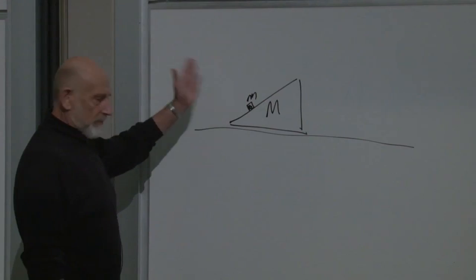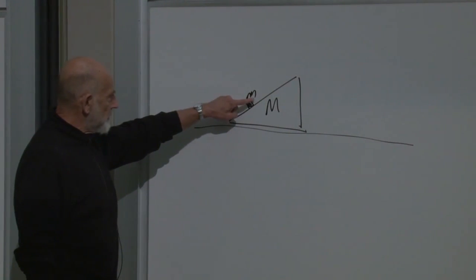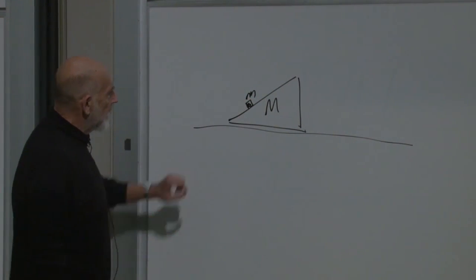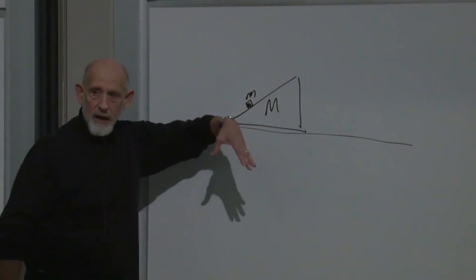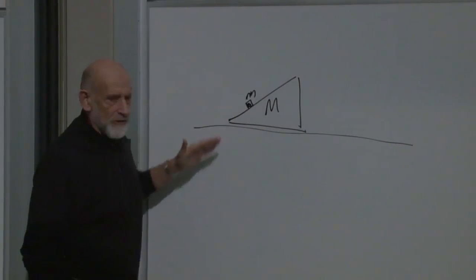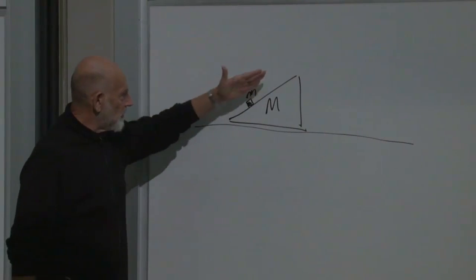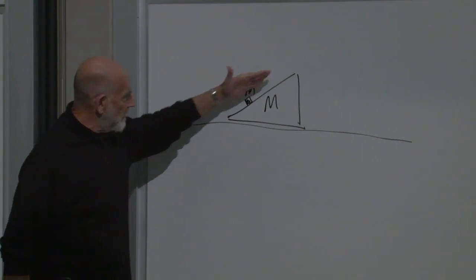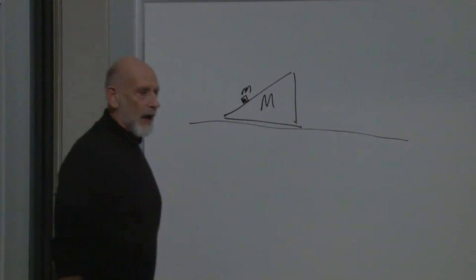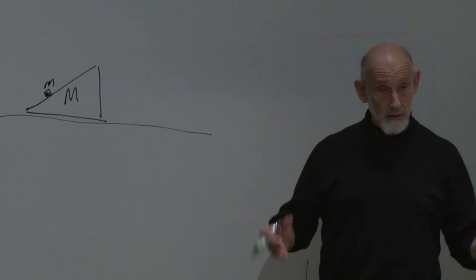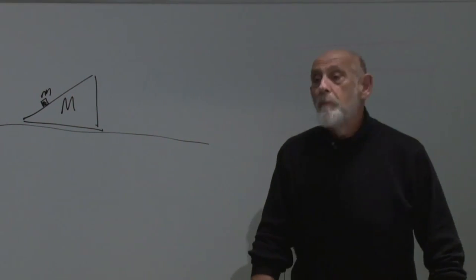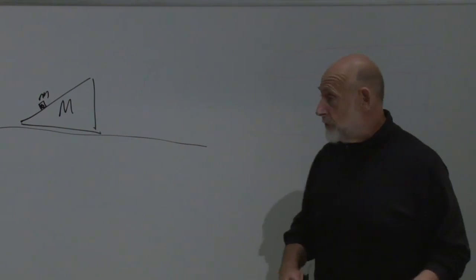The little particle is constrained, either mechanically by some device, some sliders, but it's constrained to move along the hypotenuse of the wedge. Find the motion of the system, and of course the motion means the motion of both things simultaneously. But as I said, what I mean is the equations of motion.